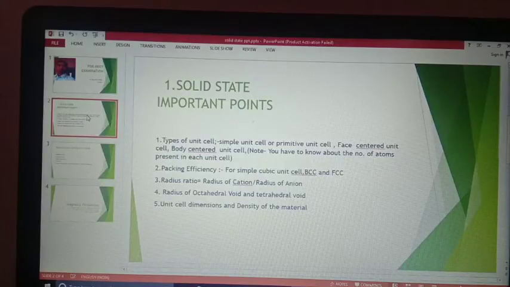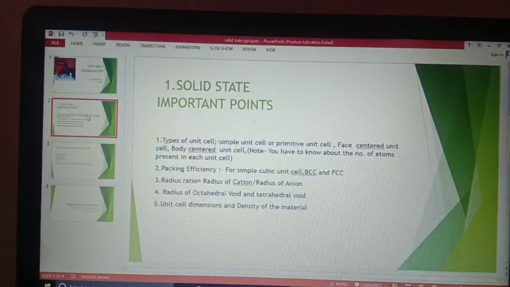So if there is a question with options asking the packing efficiency of the simple cubic unit cell or primitive unit cell, you can recall it without losing your time and tick the answer, that is 52.4%. Similarly for FCC or BCC.